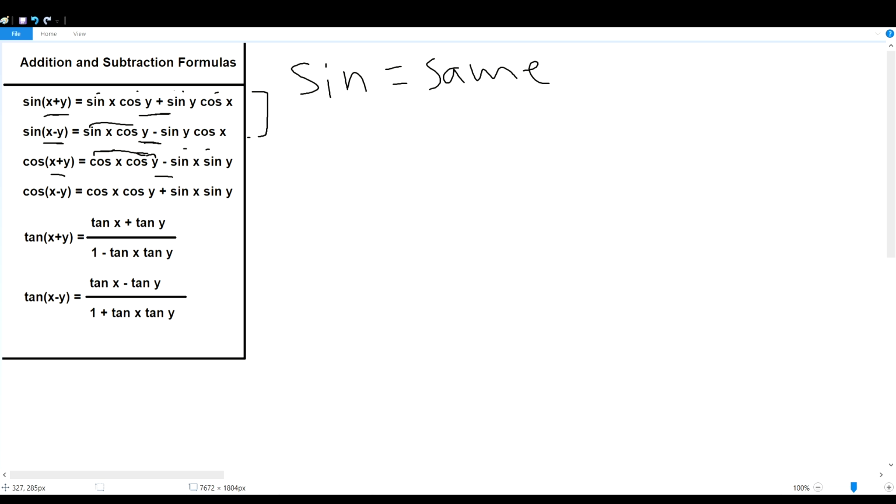And then exact same thing for this. You have a minus, you have a plus, and then these two are the same, and these two are the same with sine. So cosine is different.